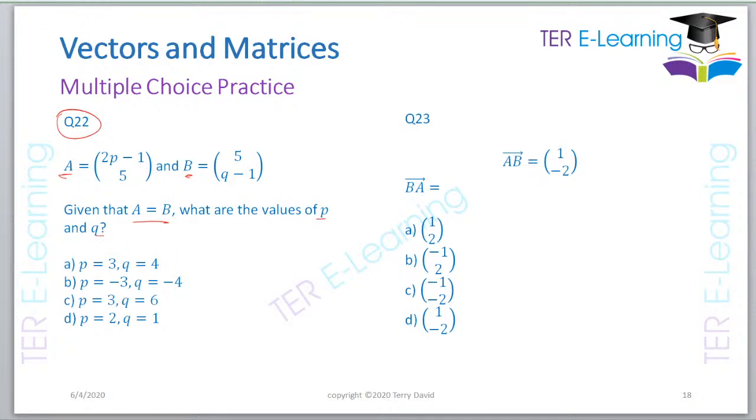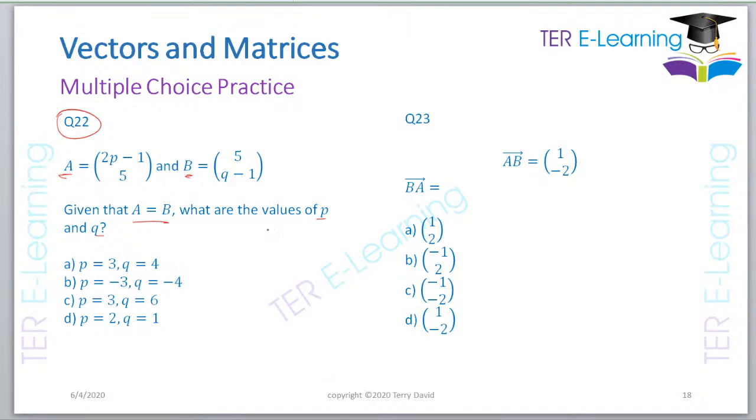What do you all think is the answer for this one? I'm seeing Emily and Aaron saying C.